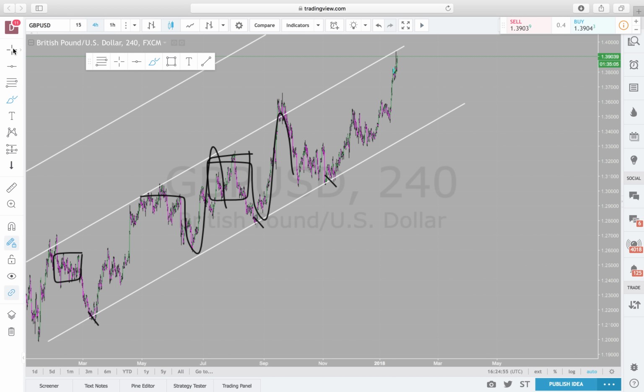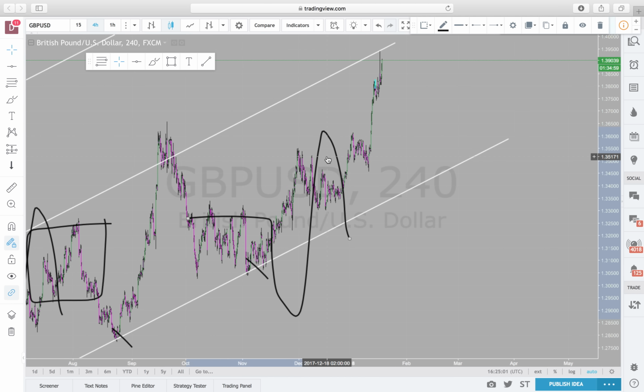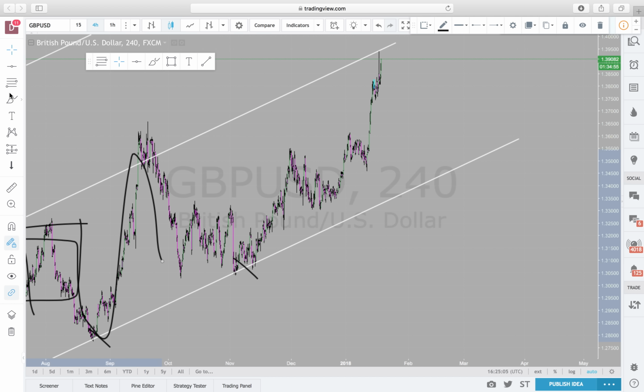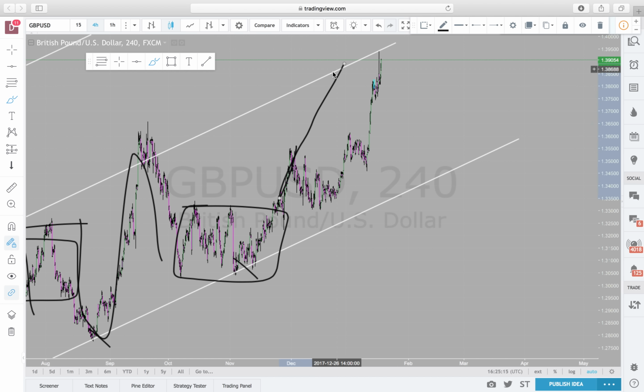Now, what can we expect to happen if the stop losses have been hit? GBP/USD is taking out the stop losses of any people selling, and what could we possibly see?